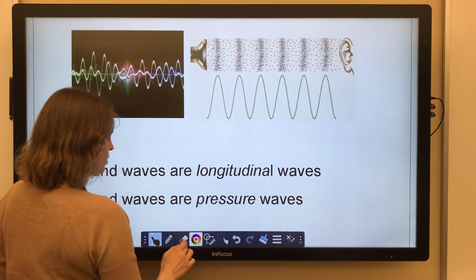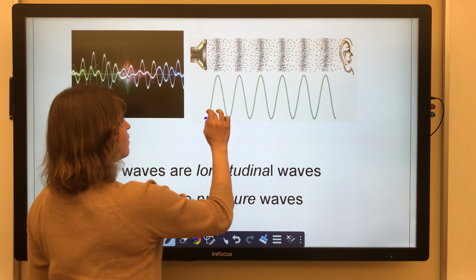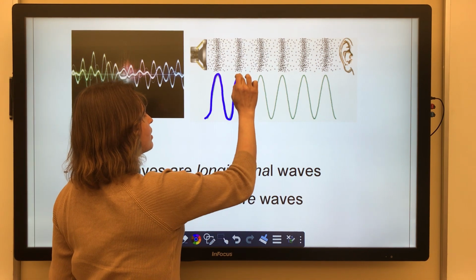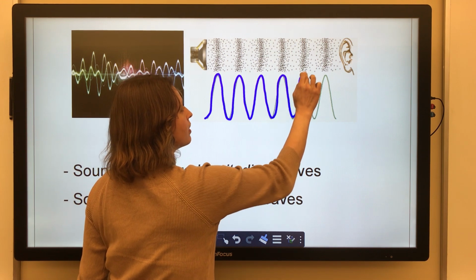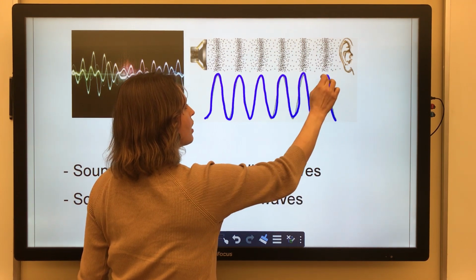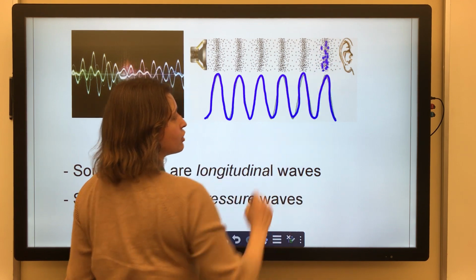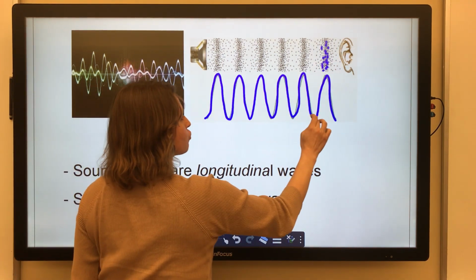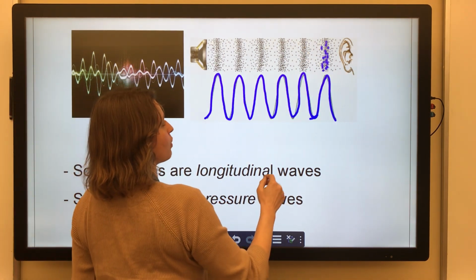But when we use this sort of a drawing to represent the sound wave, what we're really representing is the high and low density of the air. So these peaks, these crests, are representing a position where we have compression of the air, and the troughs are representing that rarefaction or that low density region.